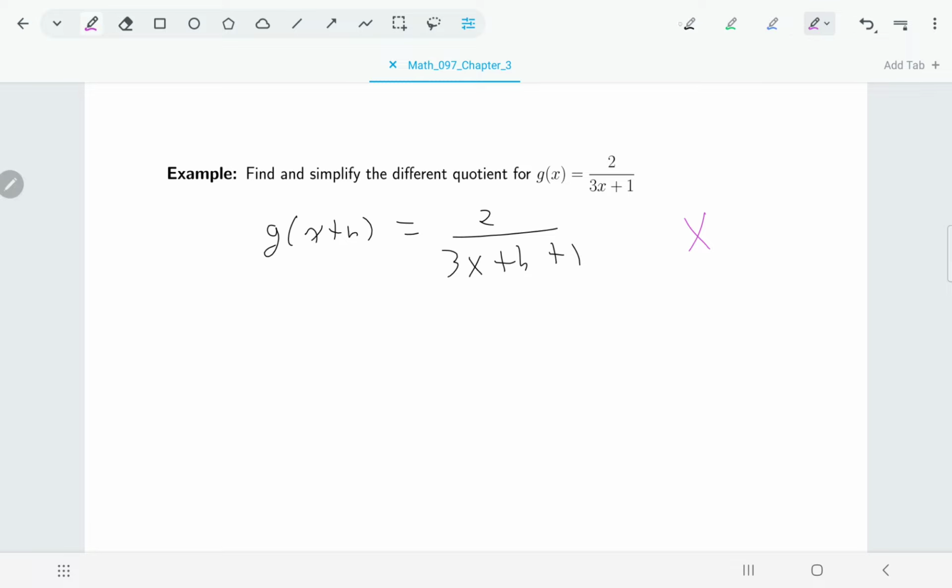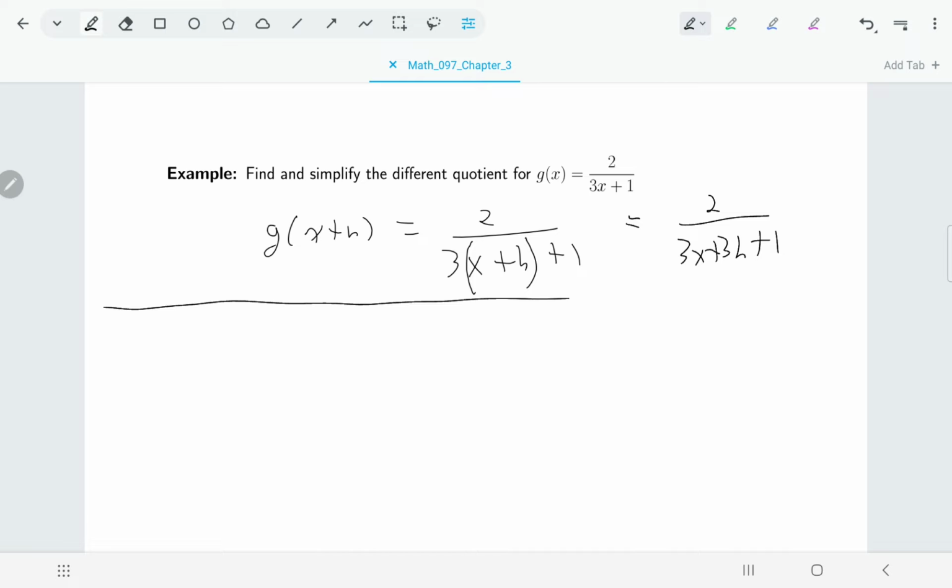In the original function, 3 was being multiplied against our input x, which means in our g of x plus h, 3 needs to be multiplied against that input x plus h. So it really should be 2 over 3 times x plus h in brackets plus 1. Or if we were simplifying it, 2 over 3x plus 3h plus 1.